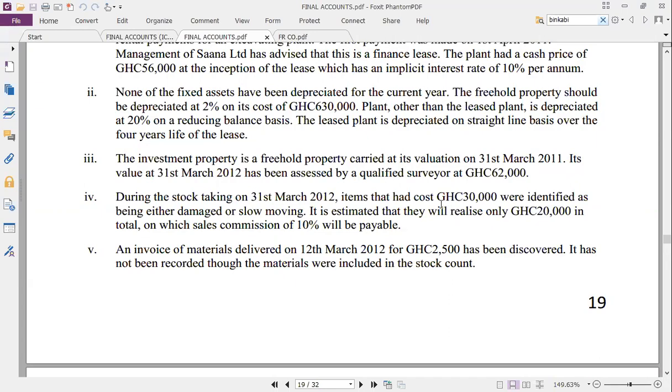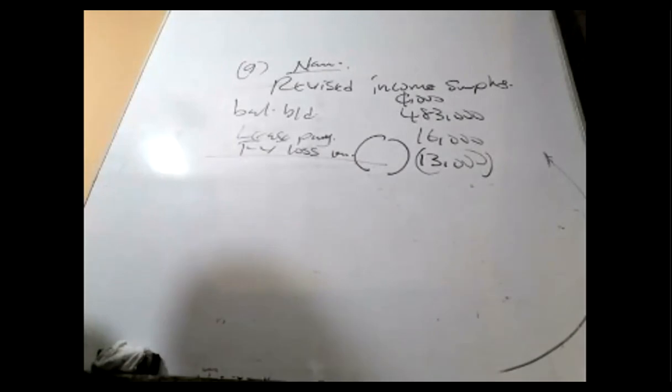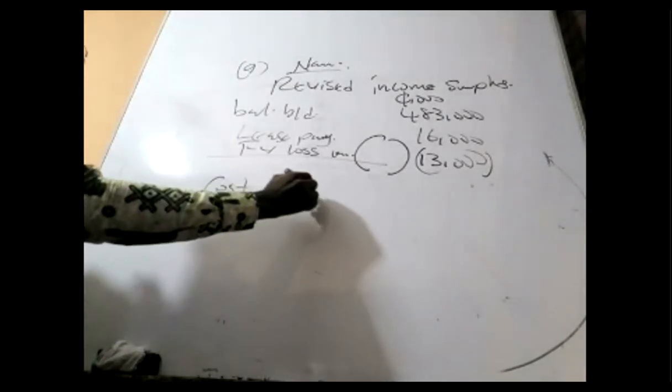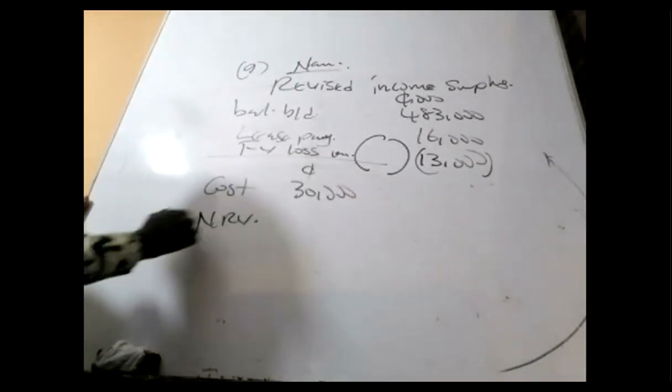The cost is 30,000. The sales value is 20,000. Sales commission is 10%. Let's calculate the NRV. According to IAS 2, inventory should be carried at the lower of cost and net realizable value.